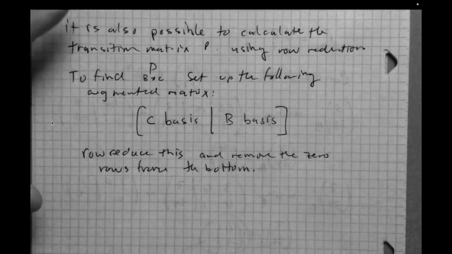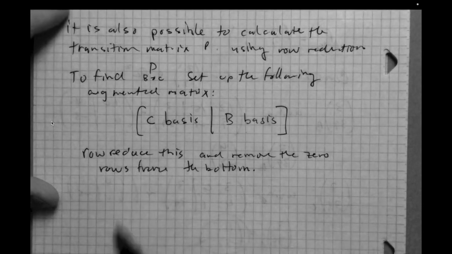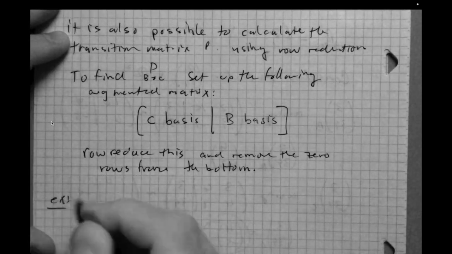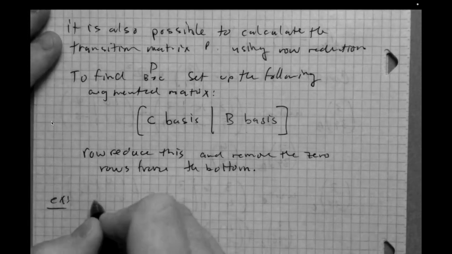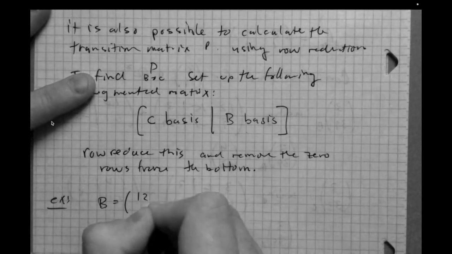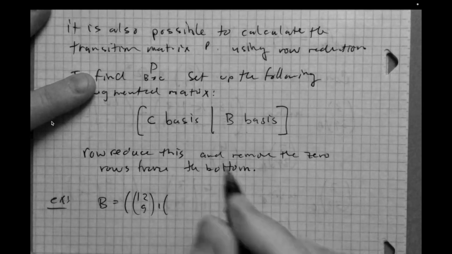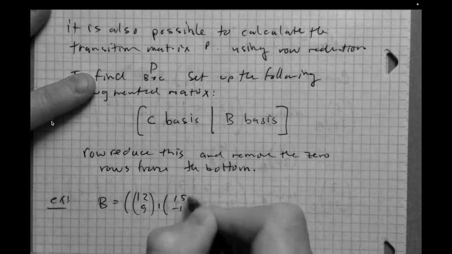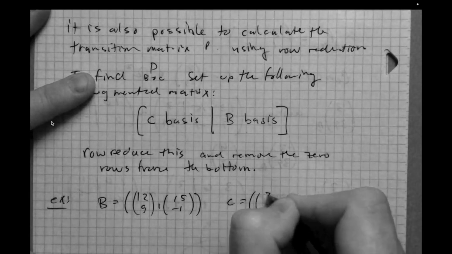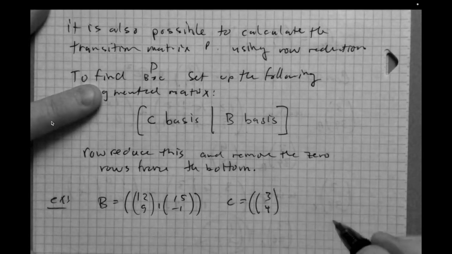Okay, and so, given the previous example, from the previous example we had what? We had B, the ordered basis, was 12, 9, and 15, negative 1. And C, the ordered basis, was 3, 4, and 6, 1.